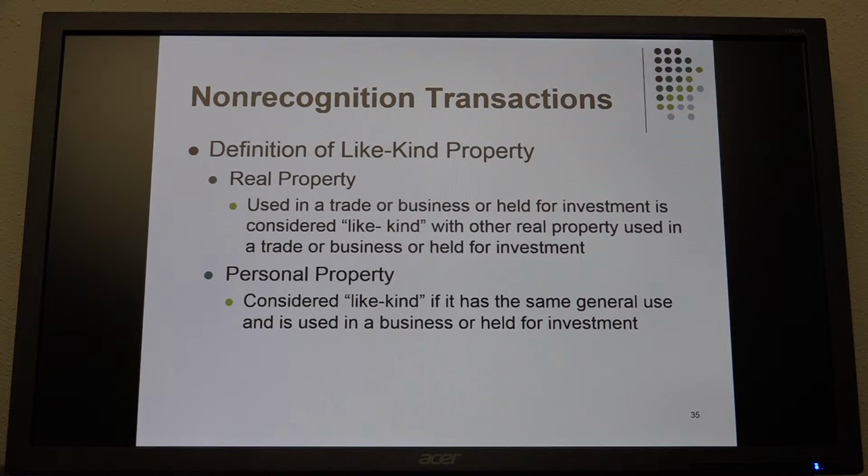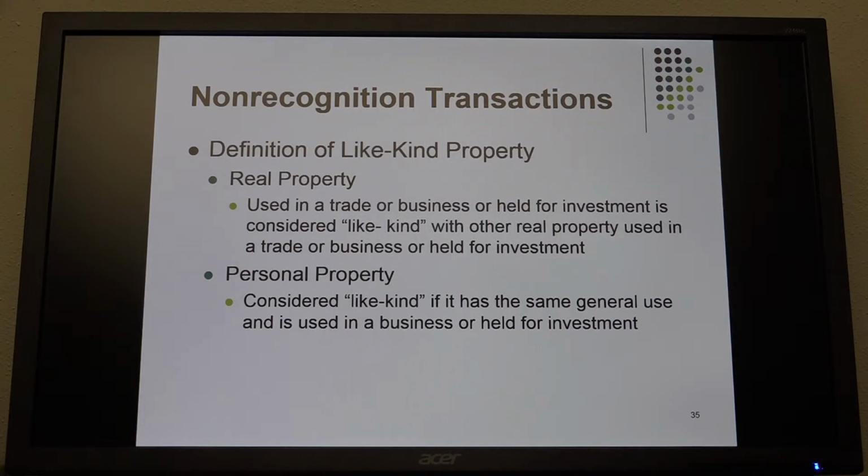It's real property out in a field right now, and you're planning to build a factory there and begin a business. So you're using the real property in a trade or business. So it works, even though the real properties are not anywhere near similar.